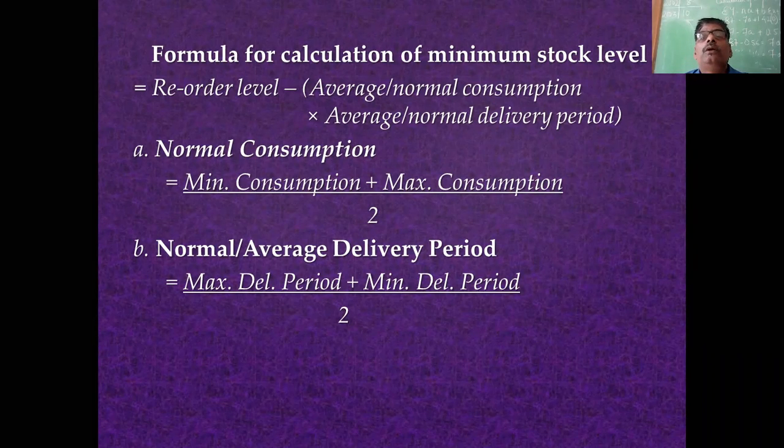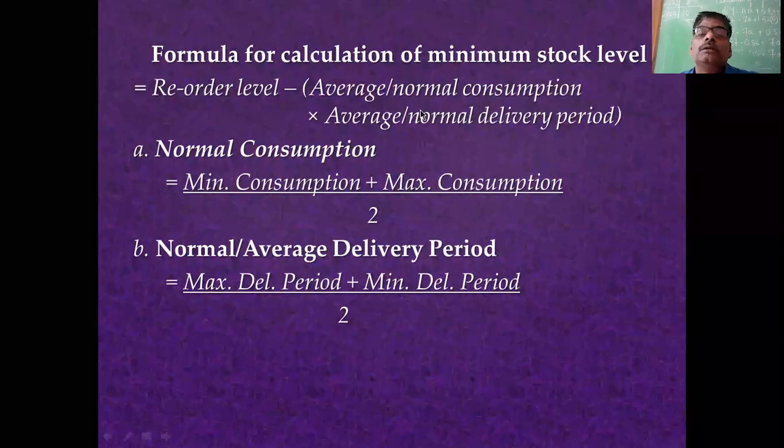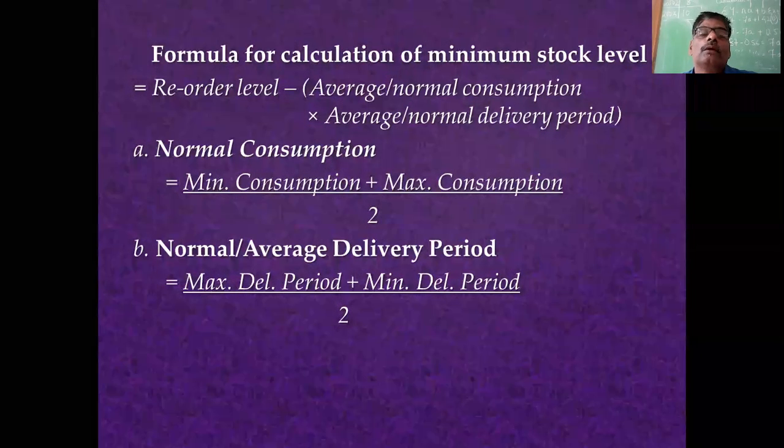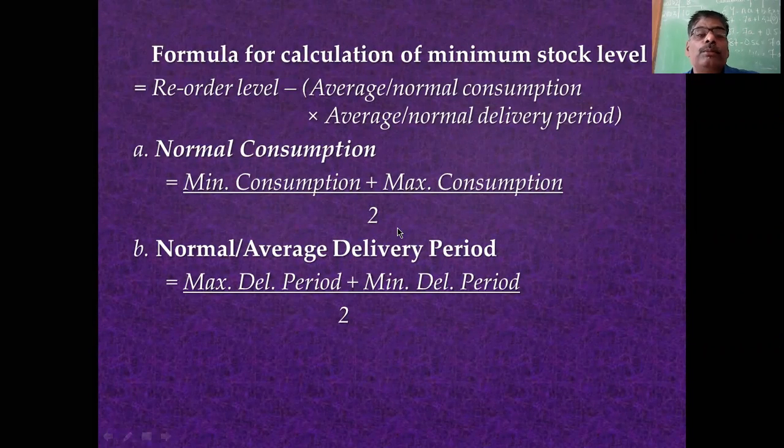Reorder level means when you place the order. So the equation is, sorry, minimum stock level is equal to reorder level minus average consumption into average delivery period. I confused you people.